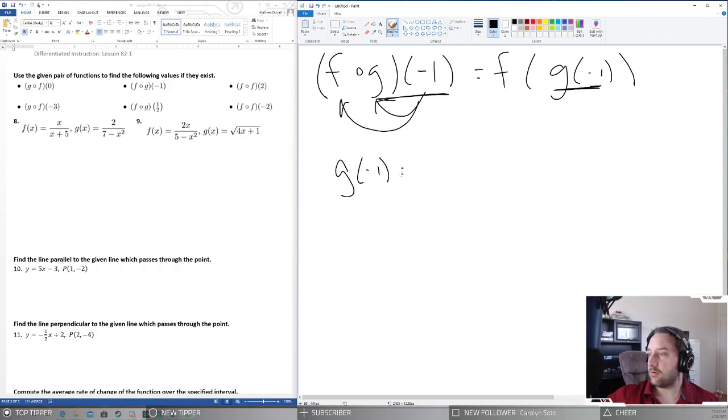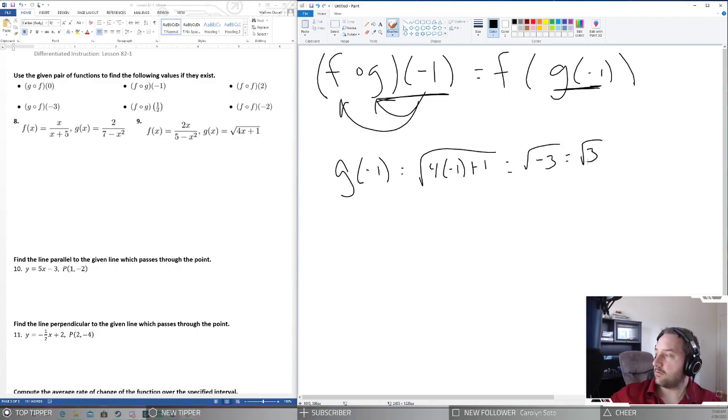What is that going to equal? Oh no, I'm going to have an imaginary value. So that's going to give me the square root of -3, which is root 3i. So the root 3i is getting plugged into my f.